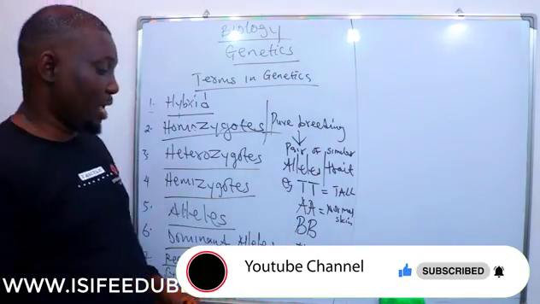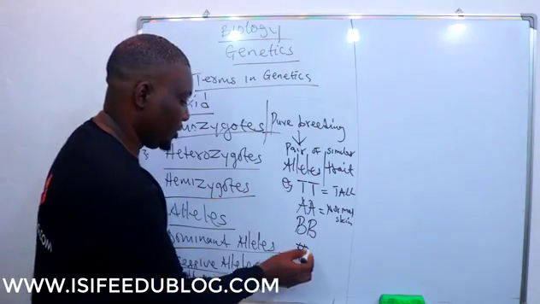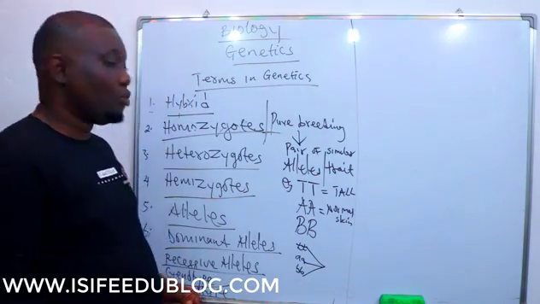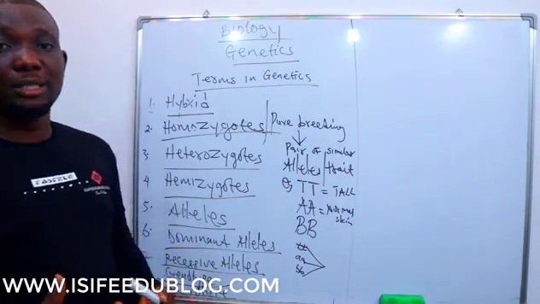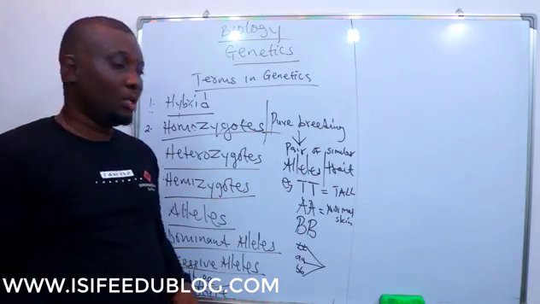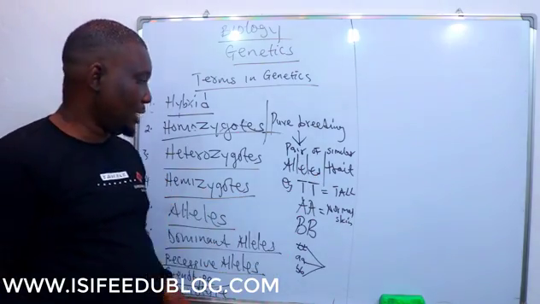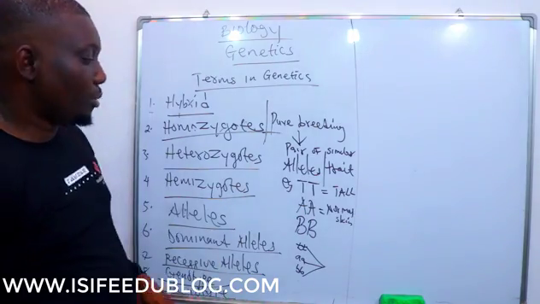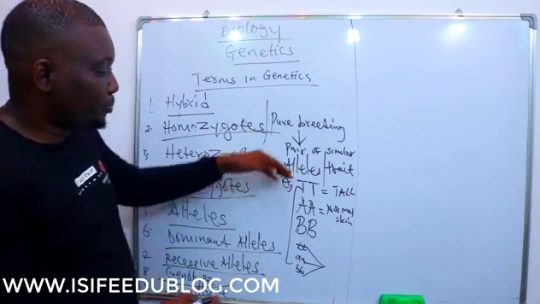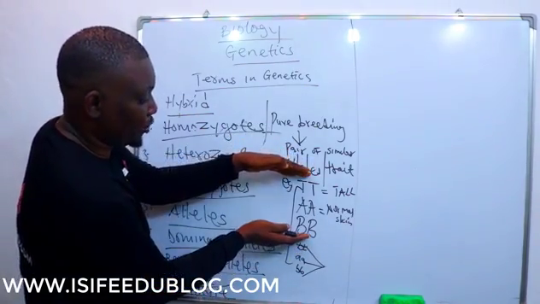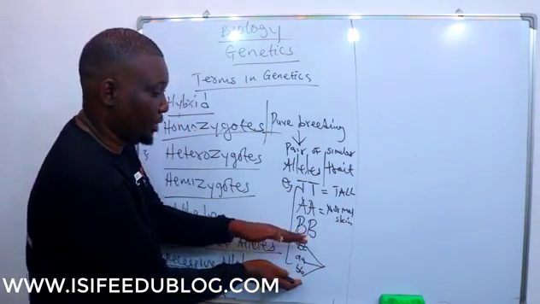But for the fact that they are a pair of similar characters, similar alleles, this can be regarded as homozygote recessive based on their symbols. These are represented symbolically in capital letters and this in small letters. But both of them are called pure breeding: pure breeding in the aspect of dominance, and pure breeding in the aspect of recessive.